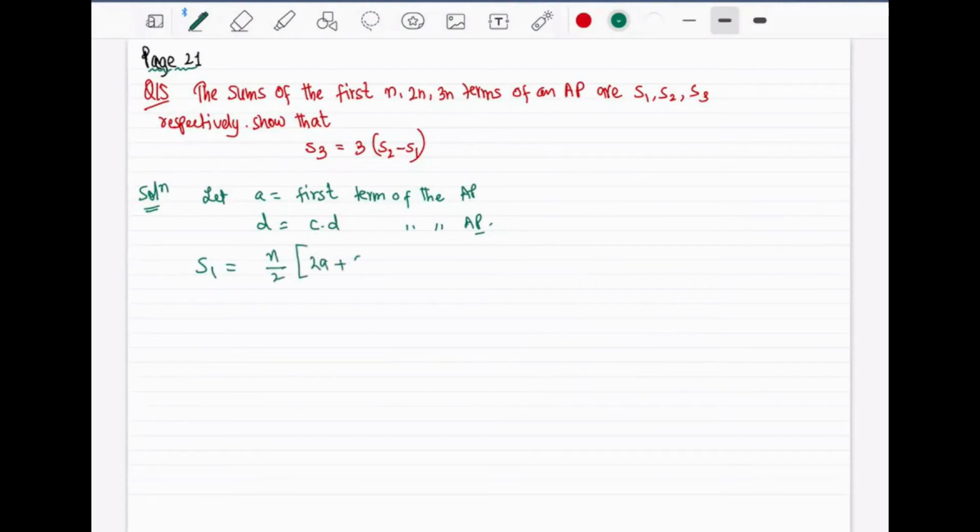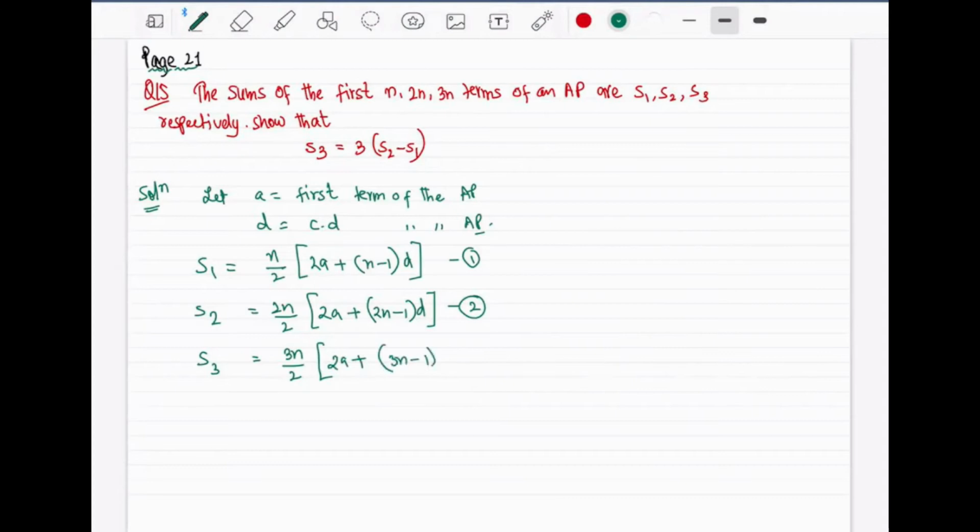It looks like this. Make it equation 1. What about S2? We get twice n by 2, 2a plus (twice n minus 1)d. This is equation number 2. Write the formula for S3 also. Thrice n by 2, 2a plus (thrice n minus 1)d. Make it equation 3. Okay, our goal is to prove this.